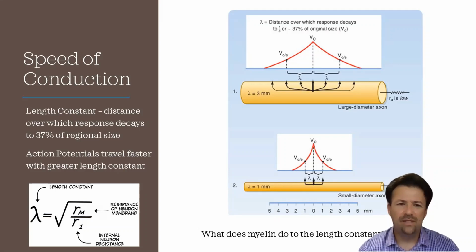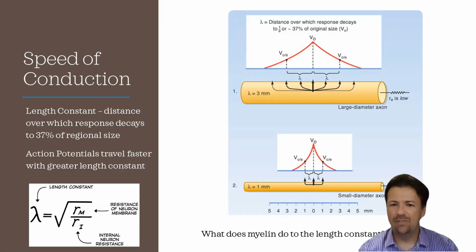And you can see that the length constant is given by the resistance of the neuron membrane divided by the internal neuronal resistance, not capacitance as I said before. Okay, so you can see that equation there. And you take the square root of that. Okay. Now, the internal neuronal resistance is actually determined by the diameter of the neuron.